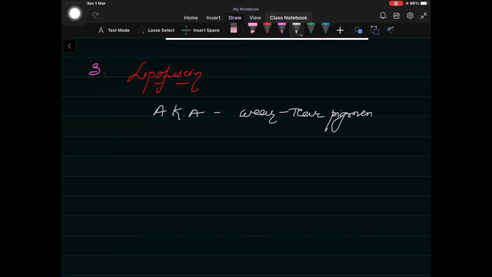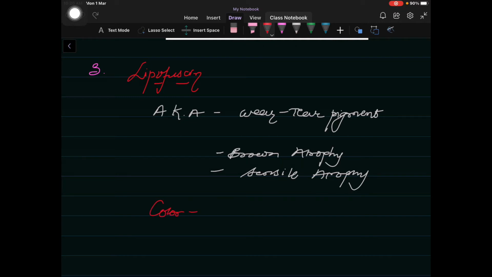So our third pigment that gets accumulated is lipofuscin. Lipofuscin is also called wear and tear pigment because it is present in brown atrophy and also in senile atrophy.